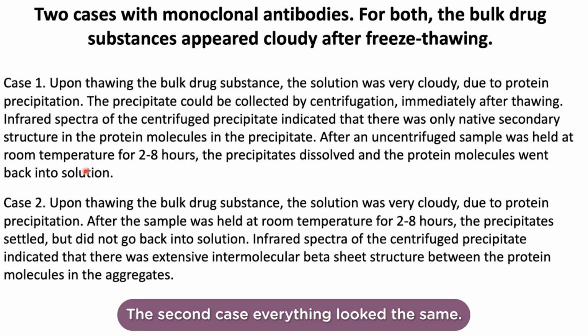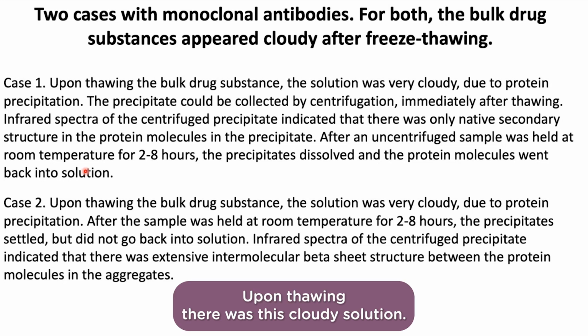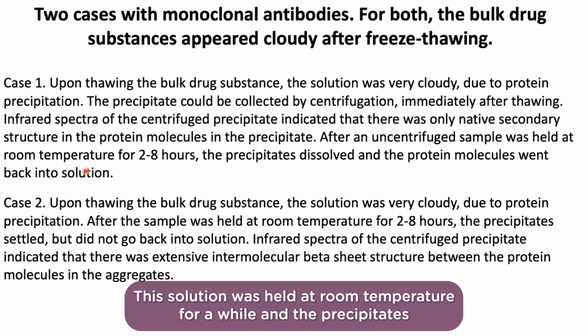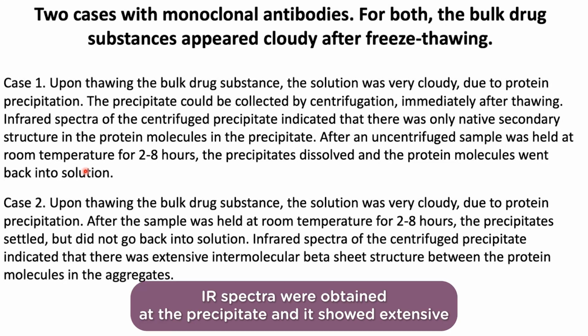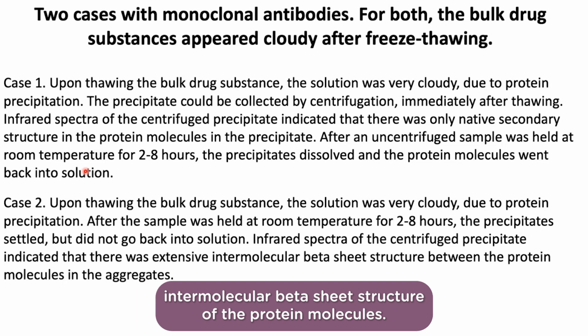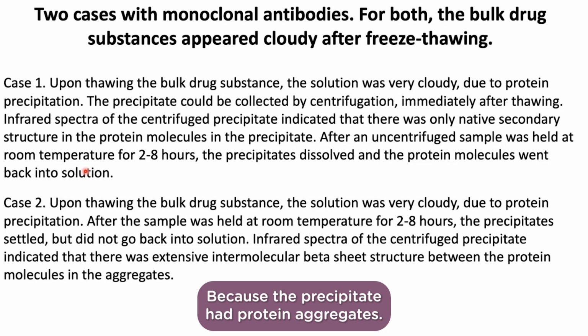The second case, everything looked the same. Upon thawing, there was this cloudy solution. This solution was held at room temperature for a while, and the precipitates just settled to the bottom. They never redissolved. IR spectra were obtained of the precipitate, and it showed extensive intermolecular beta sheet structure of the protein molecules because the precipitate had protein aggregates.